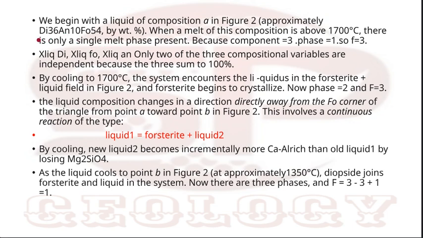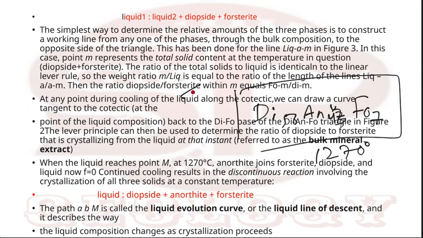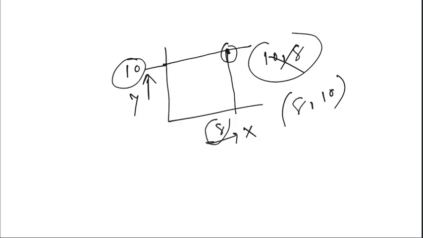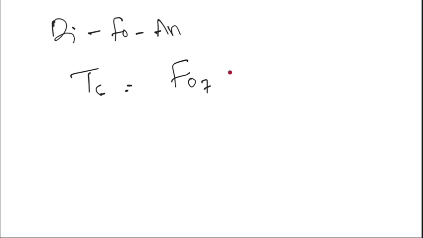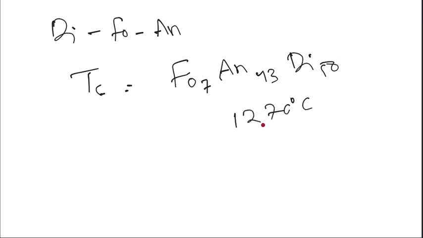This is the ternary eutectic of the diopside, phosphorite, anorthite system: phosphorite 7, anorthite 43, diopside 50 at 1270 degrees centigrade. So this is the ternary eutectic of diopside phosphorite anorthite. Everyone clear?